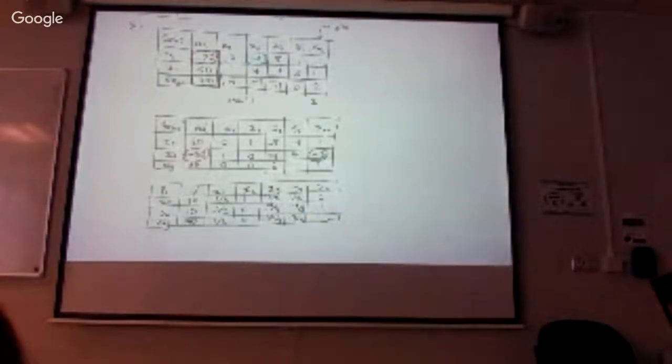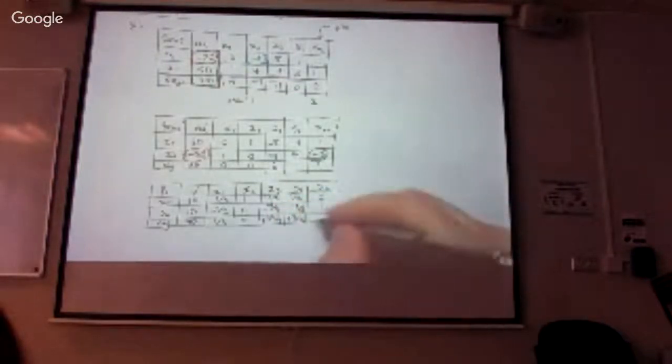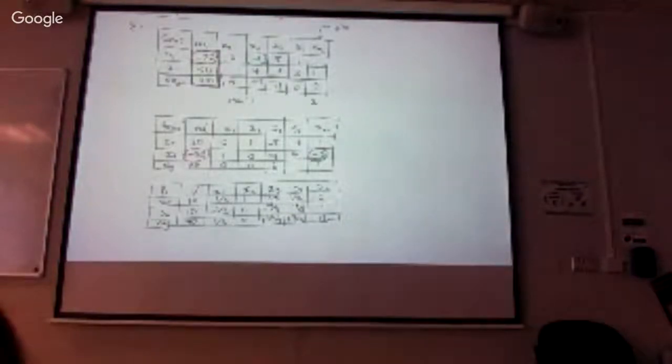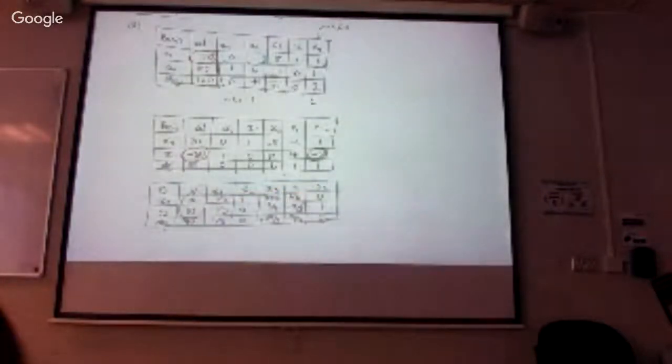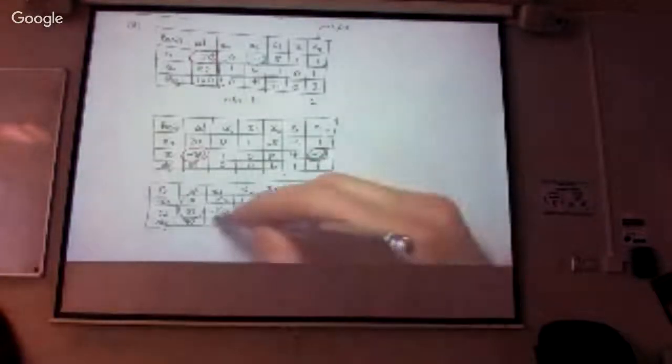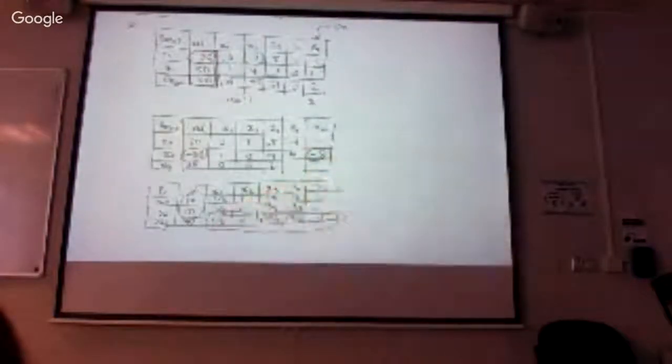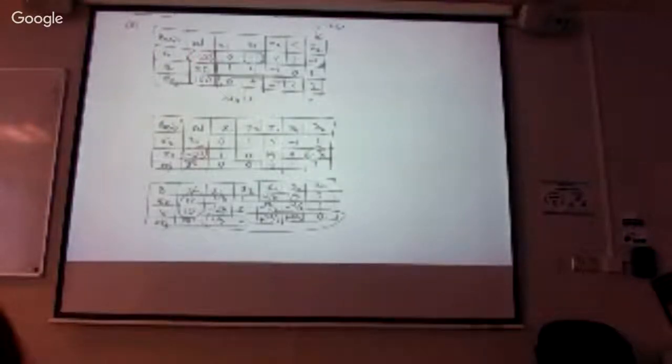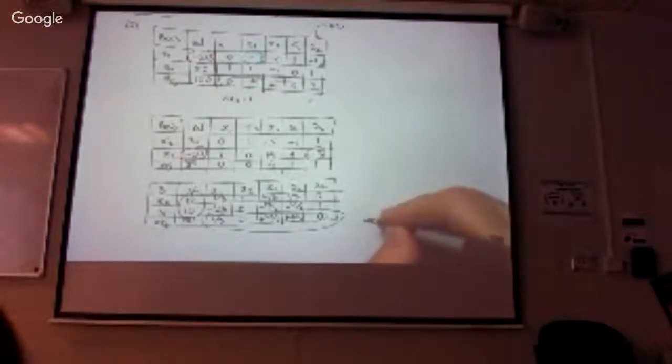Mine are all negative. That one's okay. Primal feasible. There's nothing negative there. Dual feasible, or optimal if you like, because there's nothing negative there. Done.